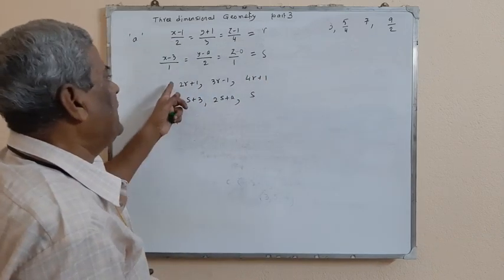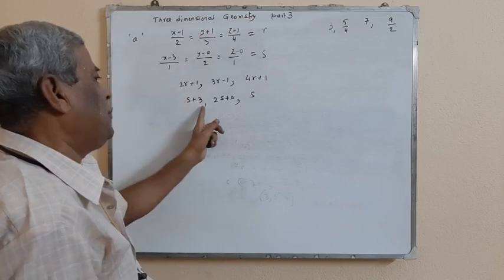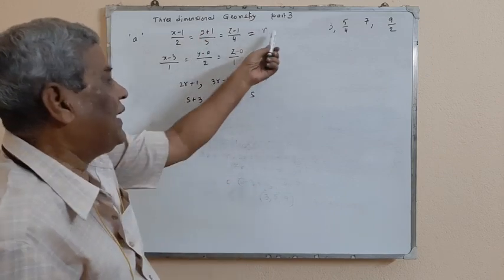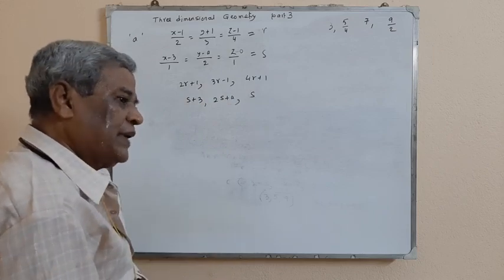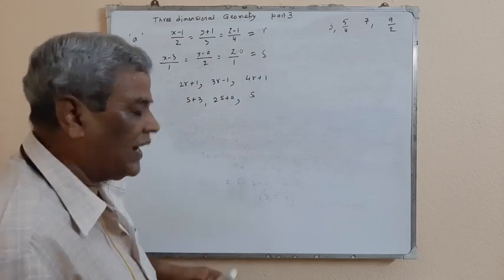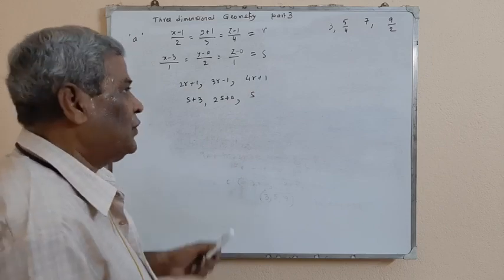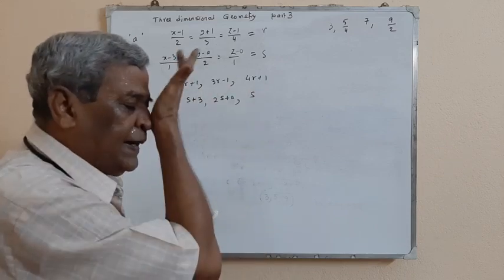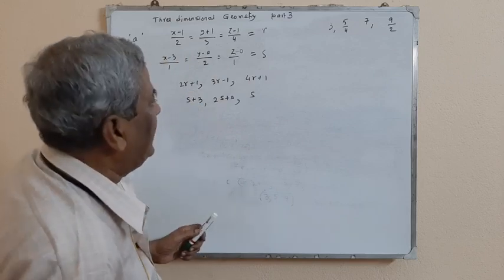So this is any point on it and this is any point on it. It depends on values of r and s. We have to find a particular value of r and a particular value of s so that these 2 points are the same point, then it means they will meet.